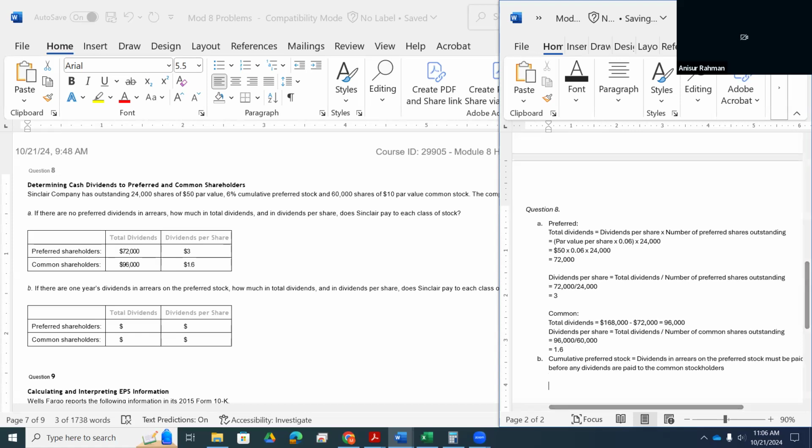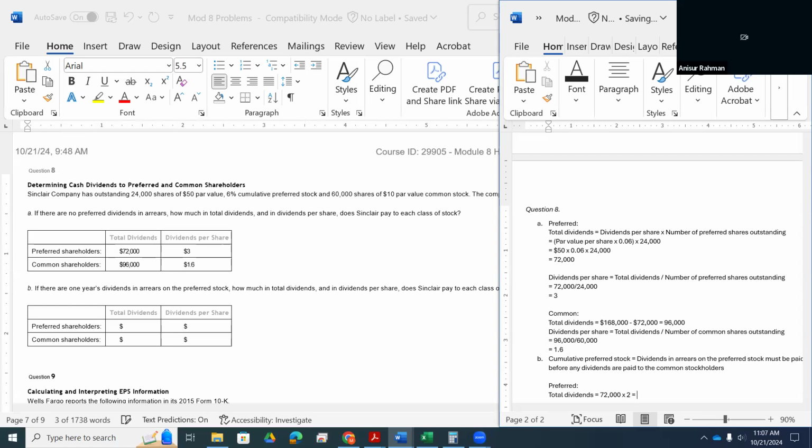So in the first year, we already calculated that the annual dividend for preferred stockholders total is 72,000. So for preferred, dividends will be 72,000, but that is for 1 year multiplied by 2 because there was 1 year of dividends in arrears.